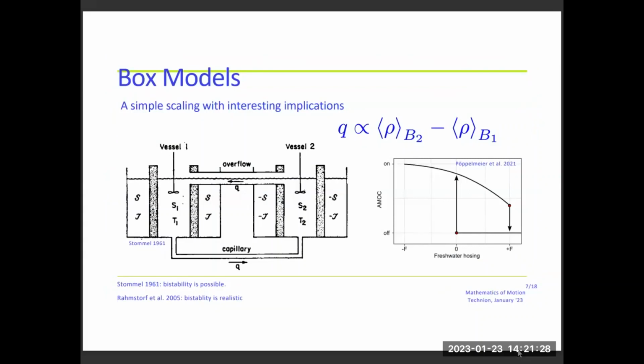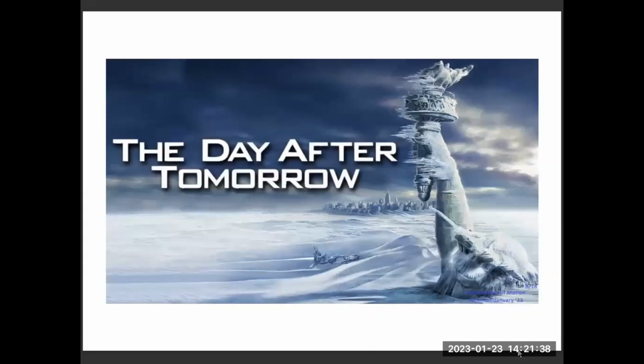And this, of course, immediately instigated the thought about the real AMOC and whether it can switch directions. And this idea even made it to Hollywood. The movie The Day After Tomorrow is a movie about what would happen to Earth if the overturning circulation would stop.